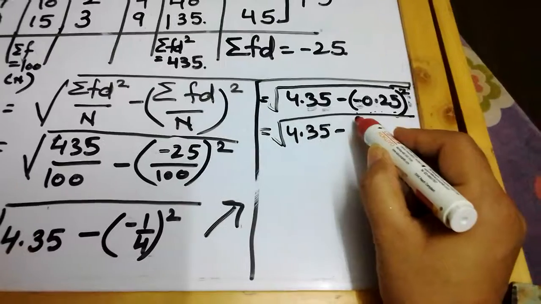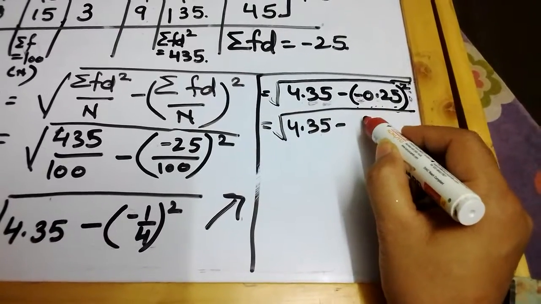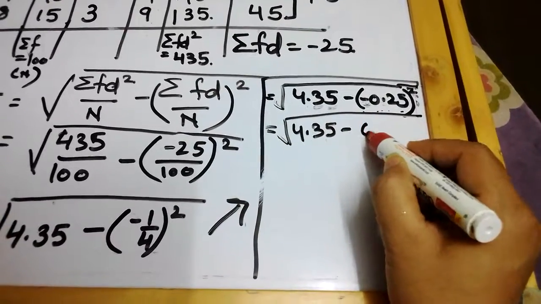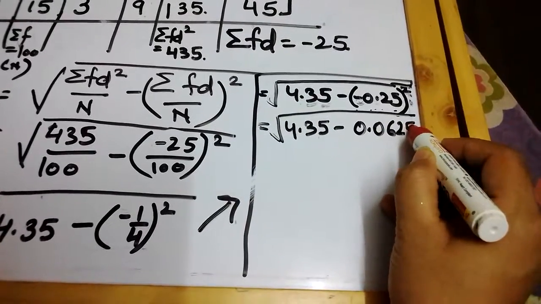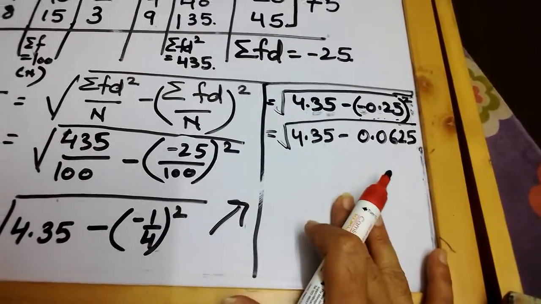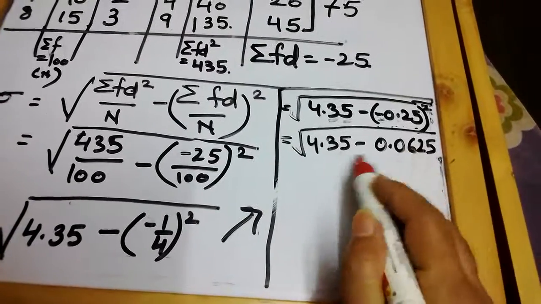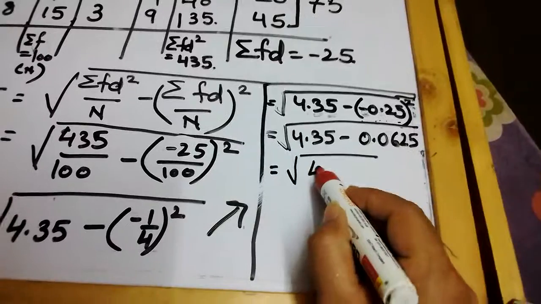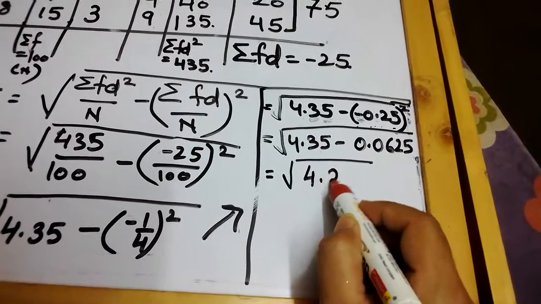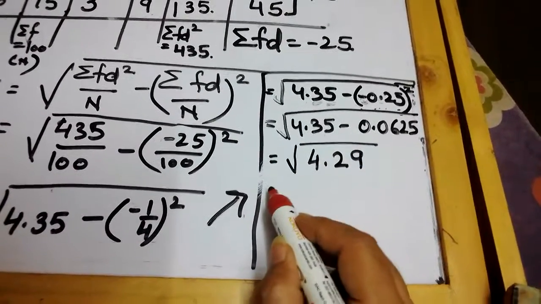4.35 minus, when I square it I get 0.0625. Fine children. Now subtracting this, I get a value of 4.29.